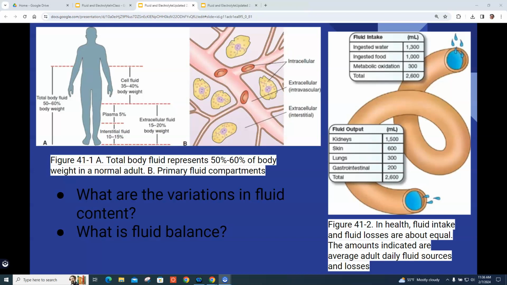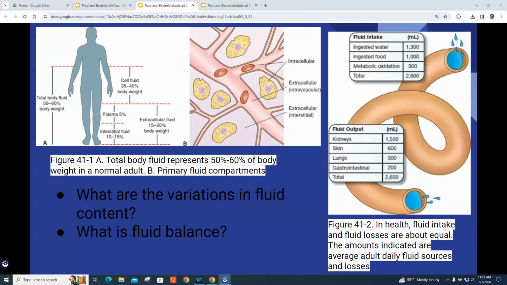In the extracellular fluid compartment, it includes two major areas, which is the intravascular fluid compartment and then the interstitial compartment. There is a small percentage, and it accounts for about, I want to say, 1 liter, 1,000.